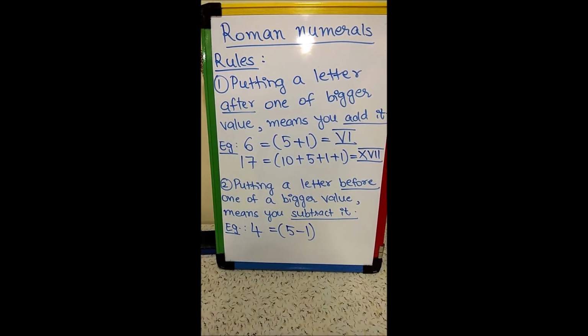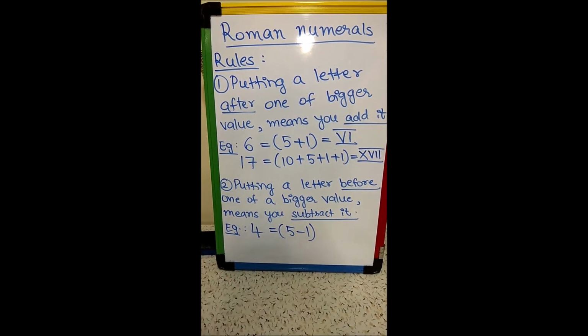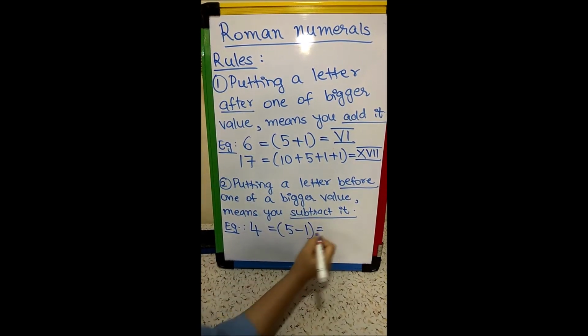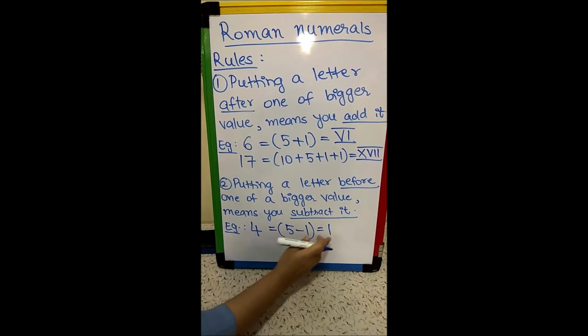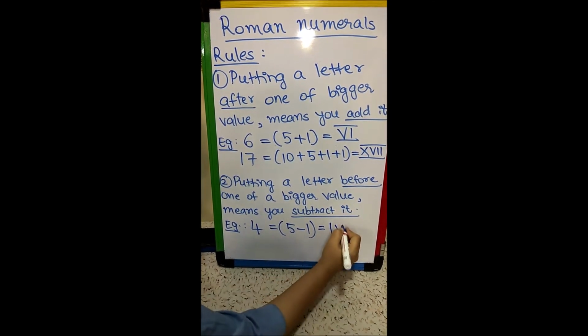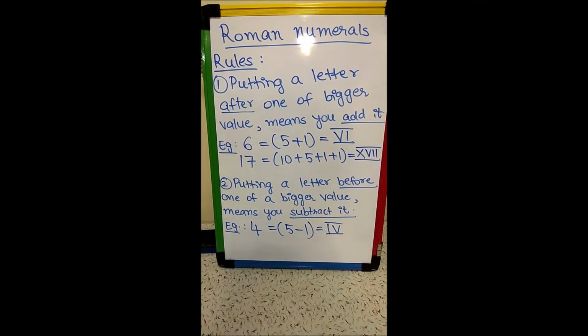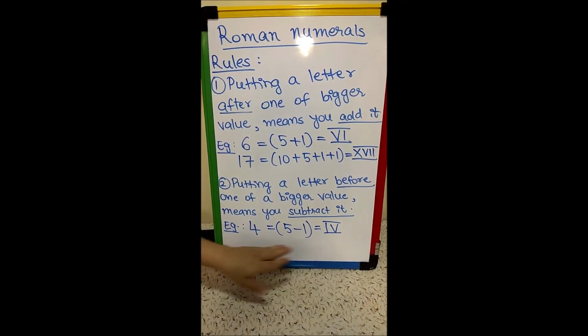But remember students, if we are doing subtraction, the smaller Roman you have to write first. So first we will write the Roman of 1, that is I, and then the Roman of 5, that is V. So our Roman for 4 will be IV.